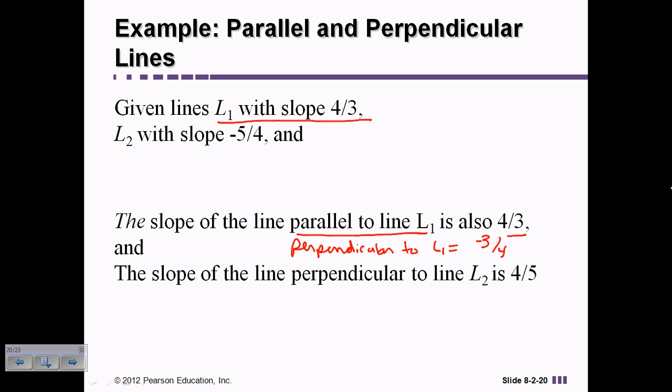If I have another line that has a slope of -5/4, the line perpendicular to that line is 4/5. The line parallel to line 2 is -5/4. It would have the same slope.